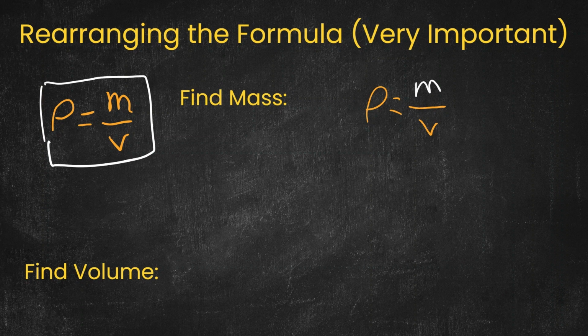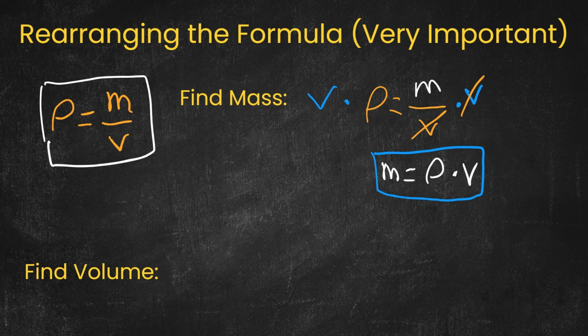As you see, m is being divided by volume, so you need to do the opposite of division, which is multiplication. And what you do on one side, you must do on the other side. So on the right side, volume will cancel, and on the other side, you're going to multiply. And you isolated m, so now you have the formula for finding mass. Mass is equal to density times volume.